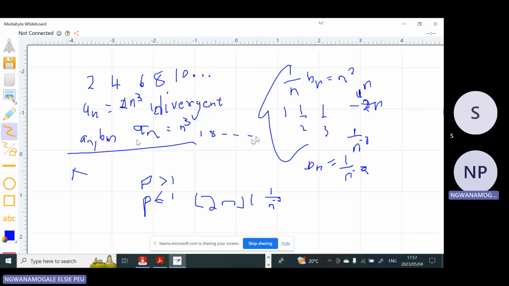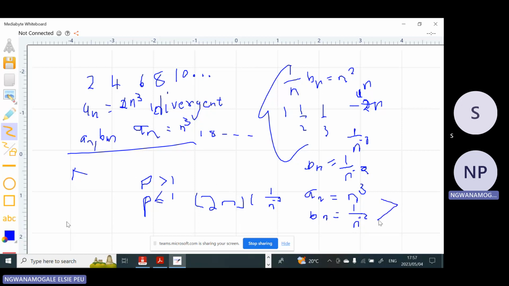So now, if we let our an equal to n to the power 3, and our bn equal to 1 over n to the power negative 2, both these two sequences are divergent sequences.